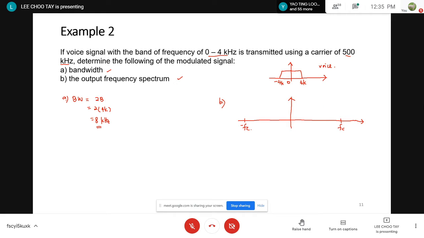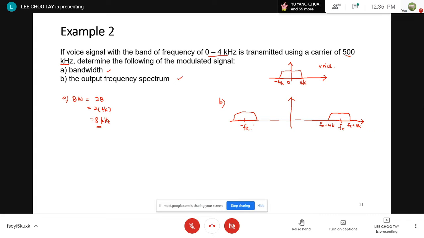What happens is this entire spectrum will be shifted to here, so that it's centered at FC instead of centered at 0. So this will be FC plus 4K, and this will be FC minus 4K. Same thing on this side, it will be centered here at minus FC.